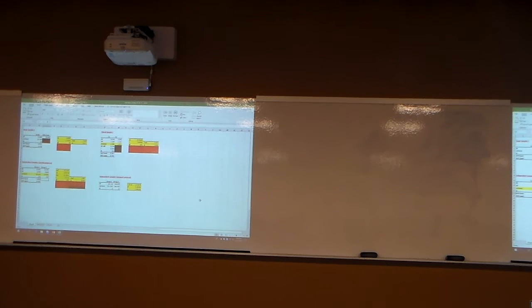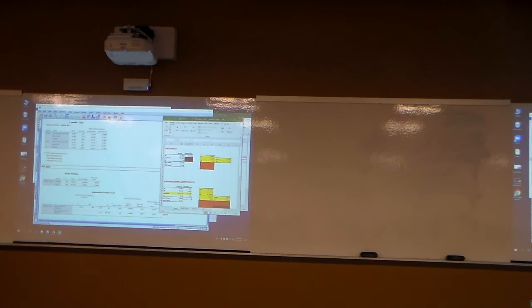So we got an effect size of about 0.25, right? So something that's consistent with a small effect going on here, right?